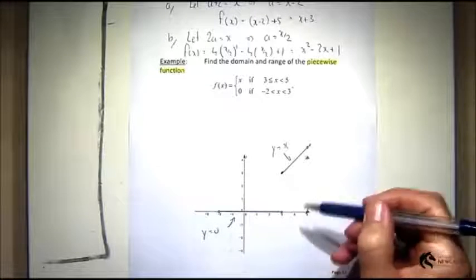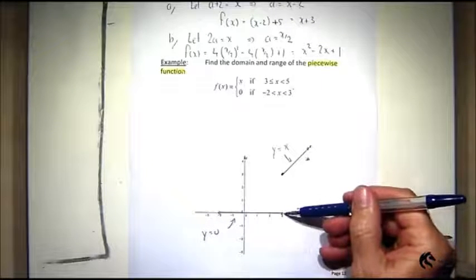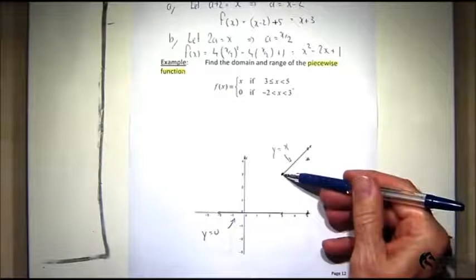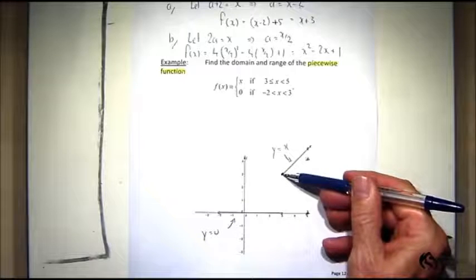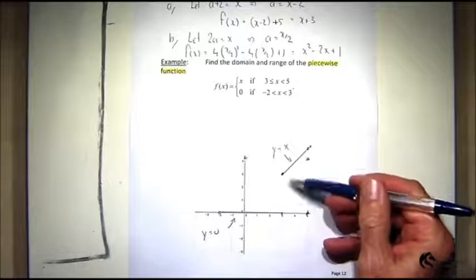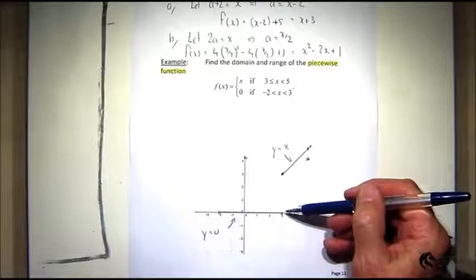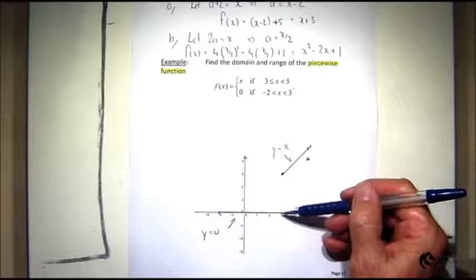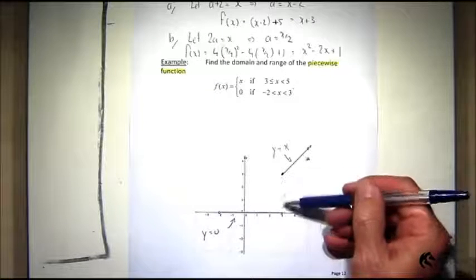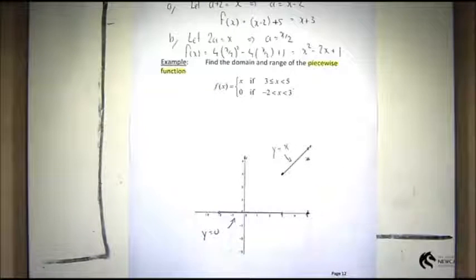So when x is equal to 3, we don't use that one, we use the coloured in circle. If they had both been coloured in, then this wouldn't be the graph of a function, because there would be two values for f at x equal to 3. But since there's only one value associated with that, that's a function.